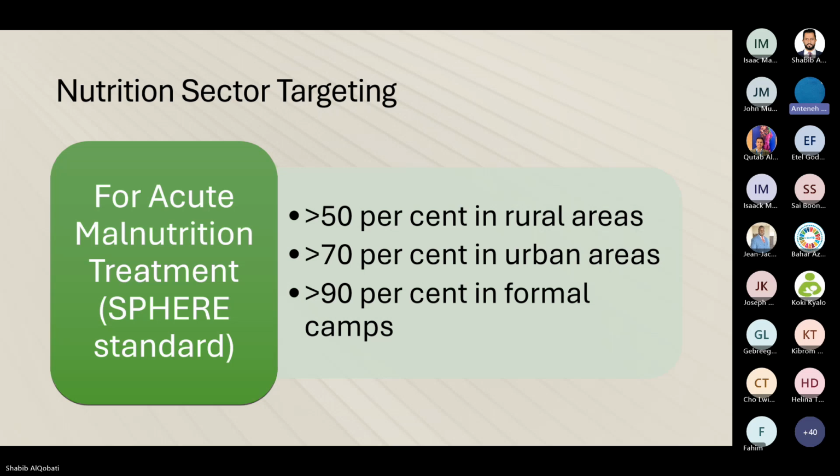When you do so, if you do not have past or most recent data on the level of acute malnutrition or other nutrition needs, you can just approximate the people in need by taking the proportion of children and pregnant and breastfeeding women among the IDPs. The usual percentage is around 20%, but sometimes it may go up to 25%. So you can just take 20 to 25% of the IDPs as people in need for nutrition in the IDP areas.